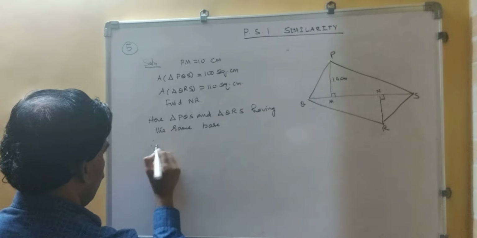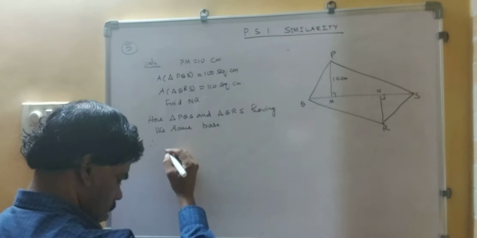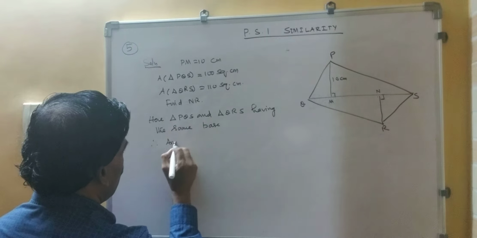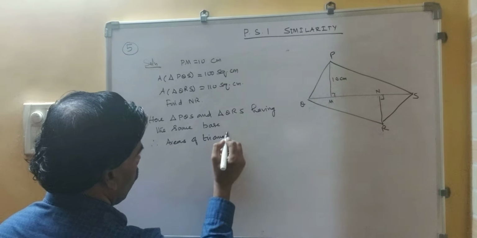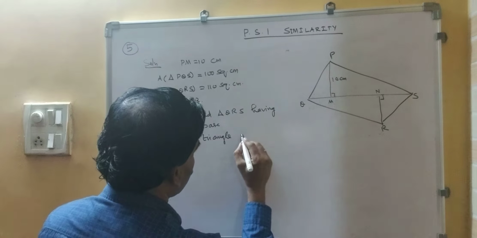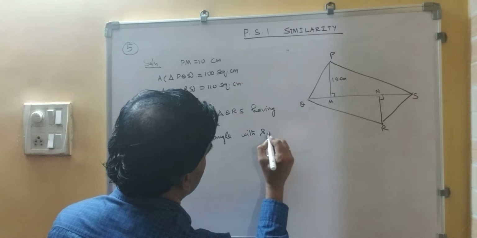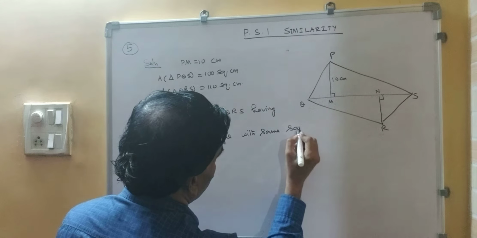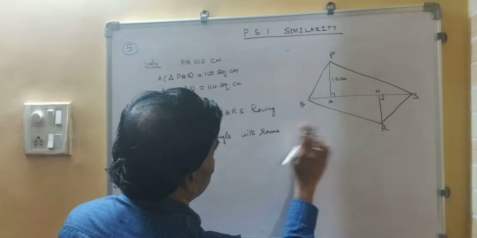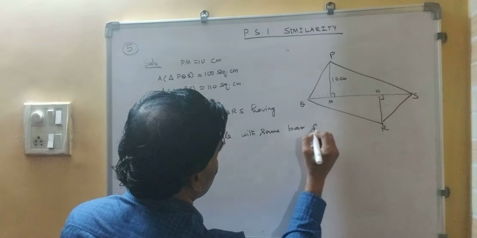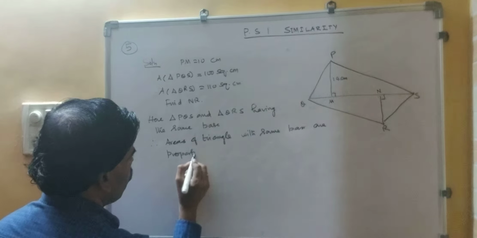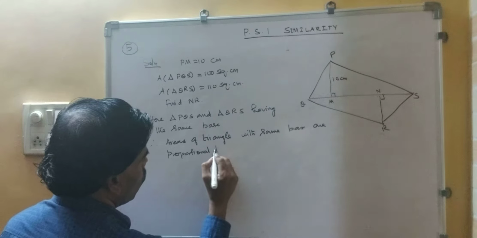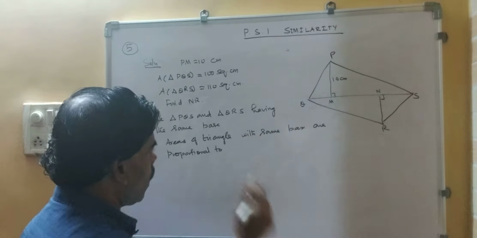Therefore, areas of triangles with the same base are proportional to their corresponding heights.